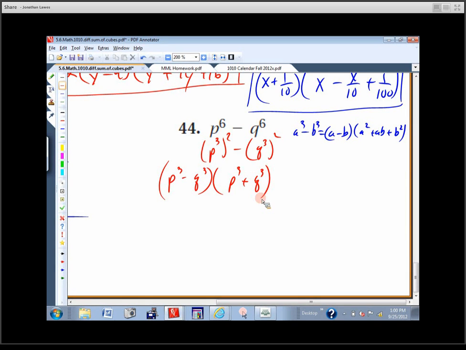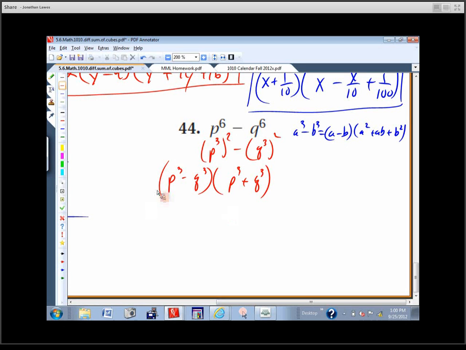Now, what is the difference at this level of factoring as to what we had before? Well, now you can break the p cubed and q cubed; you can factor them both. Remember, before we had this difference of squares and we had something that we couldn't factor.